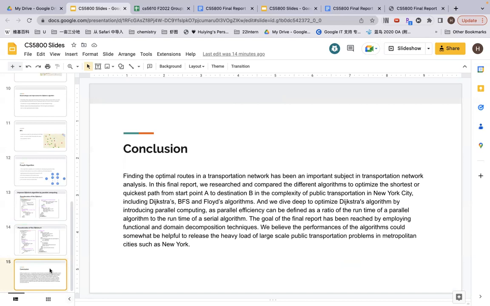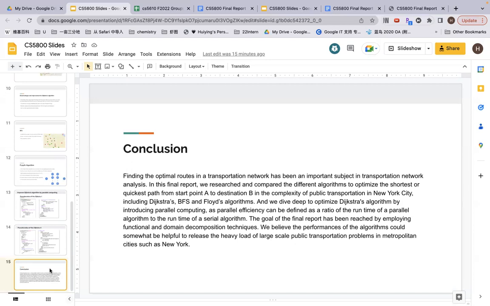And we dove deep to optimize Dijkstra's algorithm by introducing parallel computing, as parallel efficiency can be defined as a ratio of the runtime of the serial algorithm to the runtime of the parallel algorithm. The goal of the final report has been reached by employing functional and domain decomposition techniques.